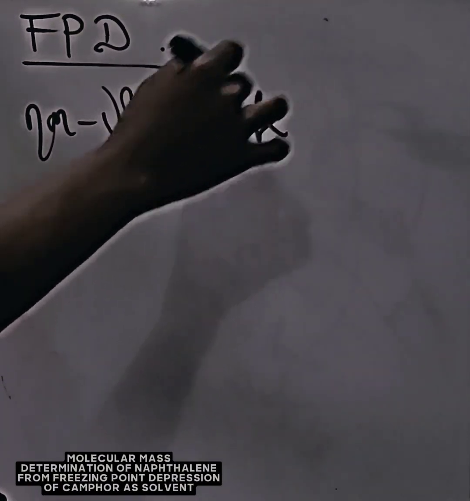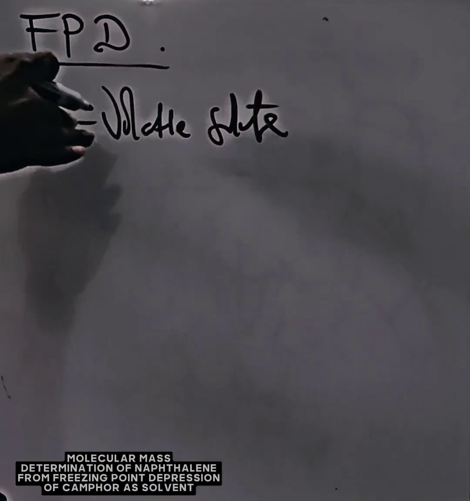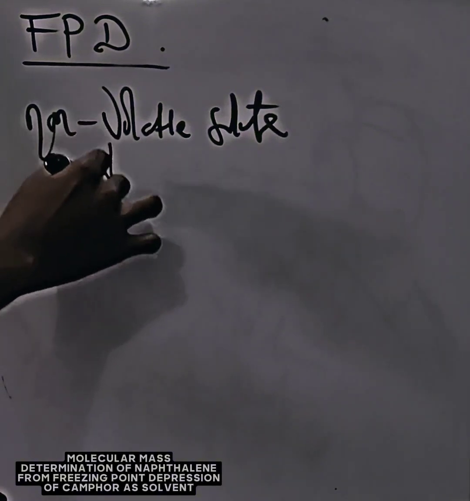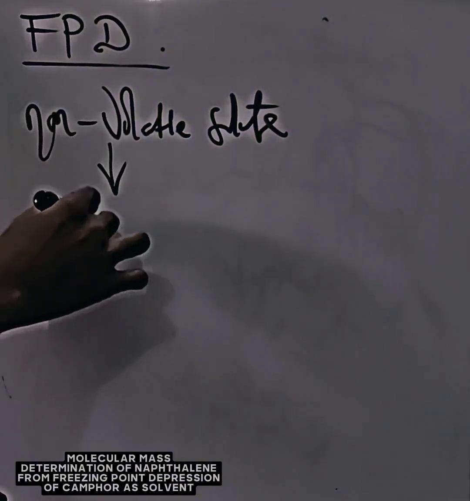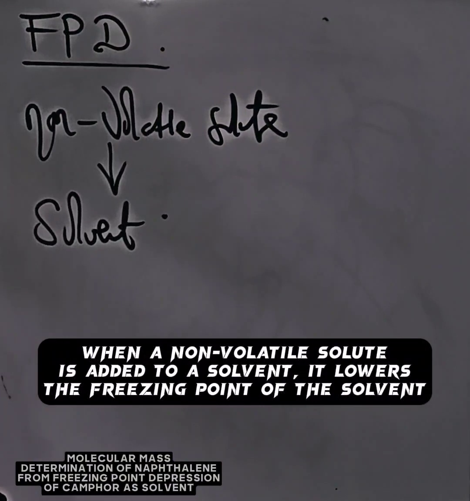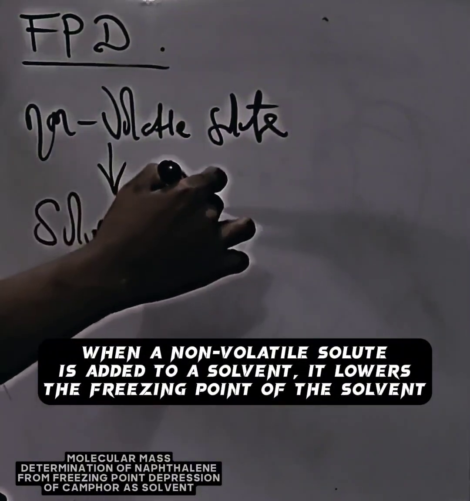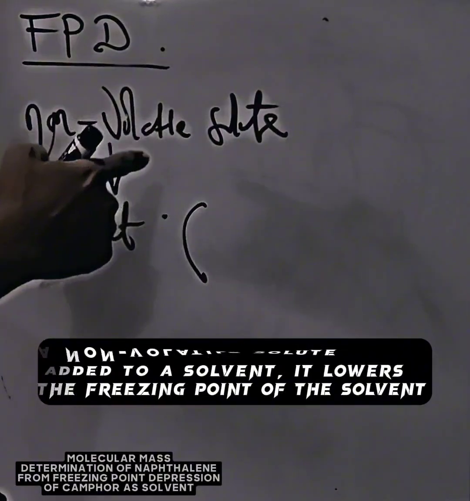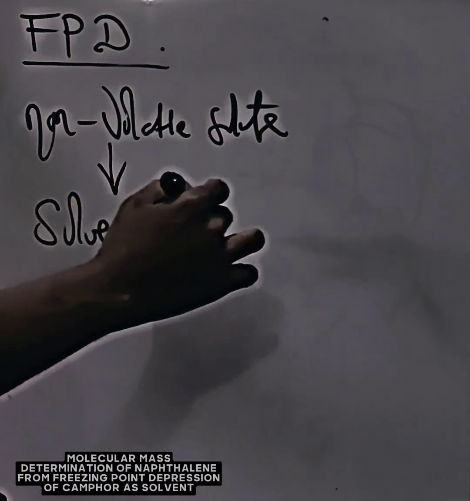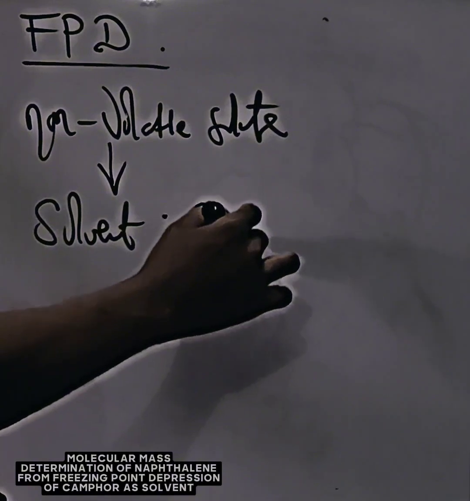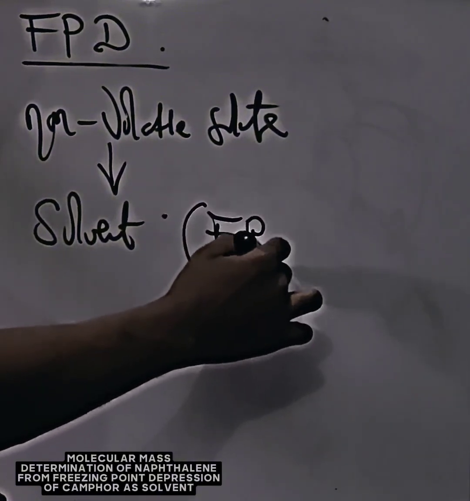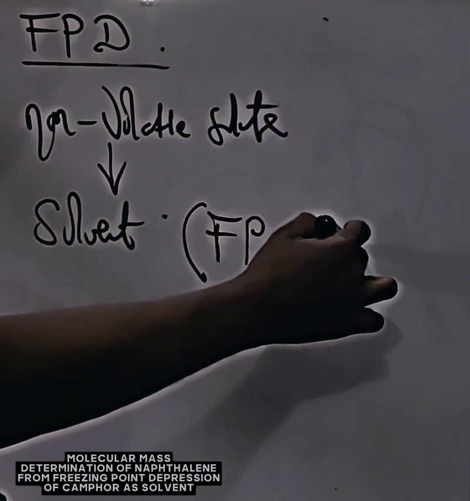So when a non-volatile solid is dissolved in a solvent, it lowers the freezing point of the solvent. When a non-volatile solid is dissolved in a solvent, the freezing point of the solvent is reduced.